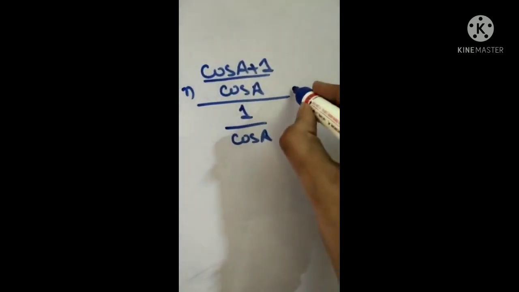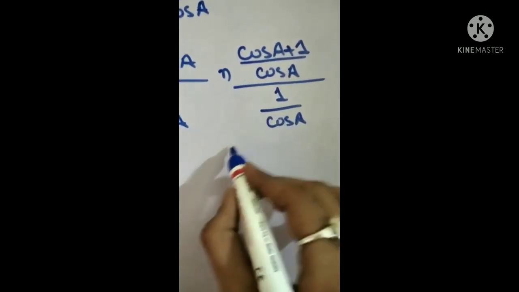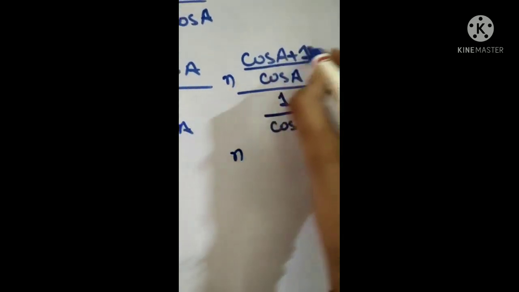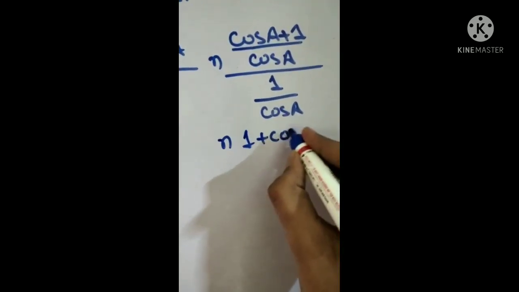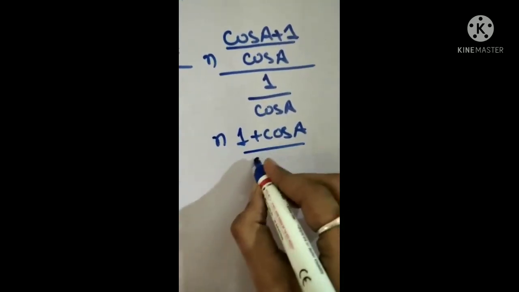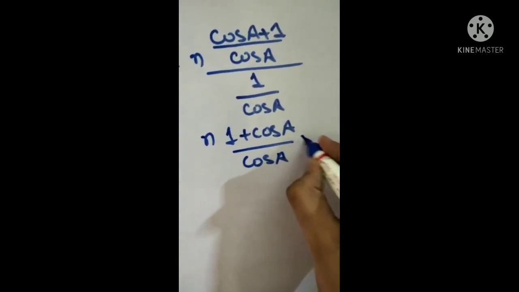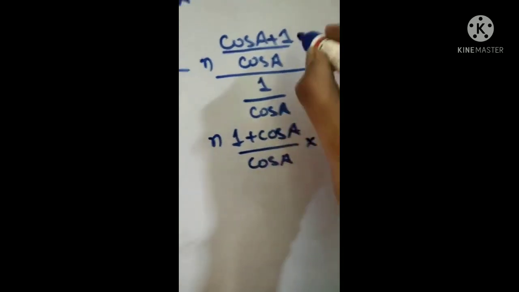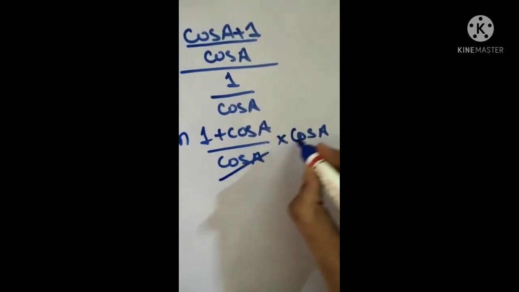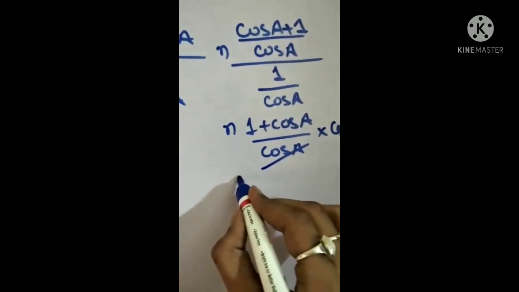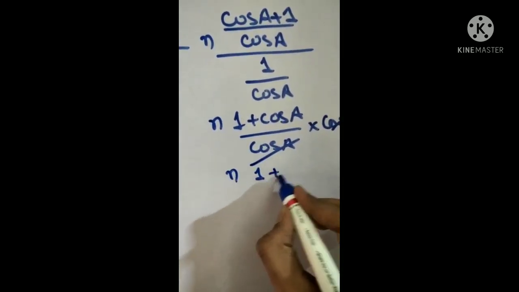If I write this as 1 plus cos a divided by cos a, and multiply by cos a, this will cut. That means our LHS we are getting 1 plus cos a.